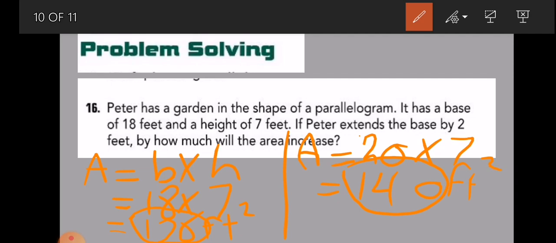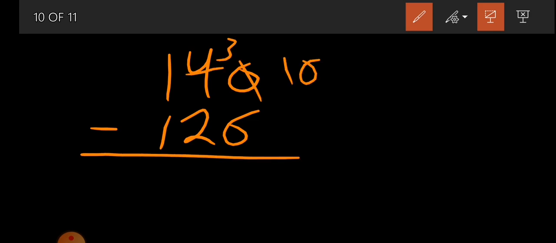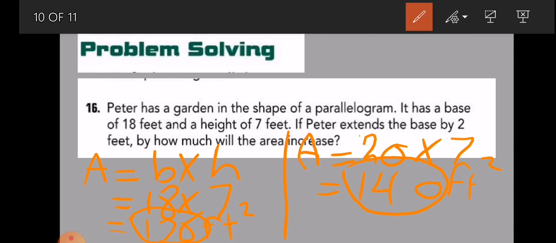I have to subtract 140 minus 126. The answer is 14, so the area increased by 14 feet squared.